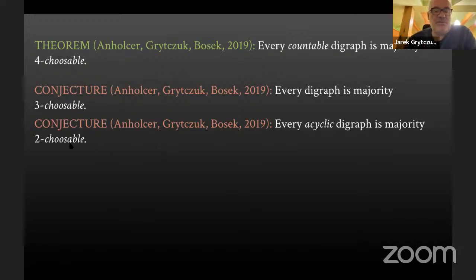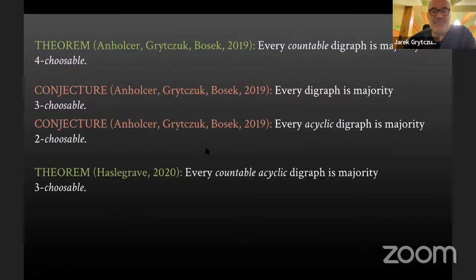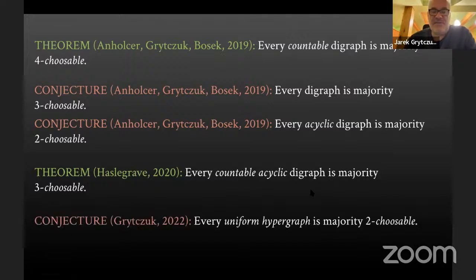But in the infinite case, it's again open. Haslegrave proved a bound of 3 in the countable acyclic case.